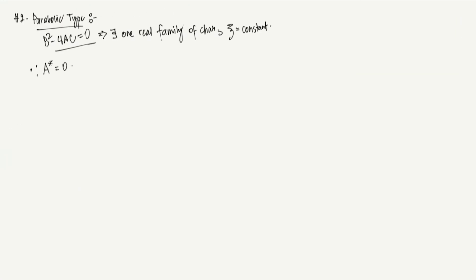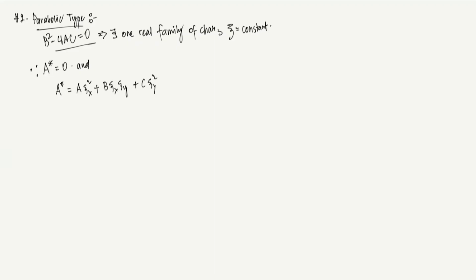So if xi equals to constant, of course xi x, xi y, all these terms are going to be 0. So basically a star is 0, and a star is a xi x square plus b xi x xi y plus c xi y square.